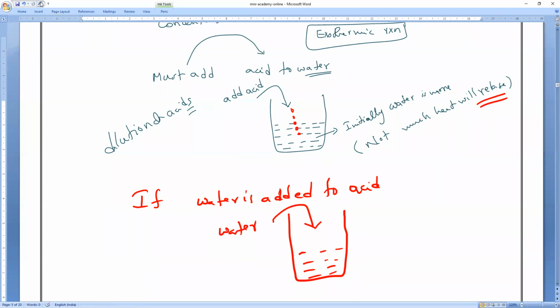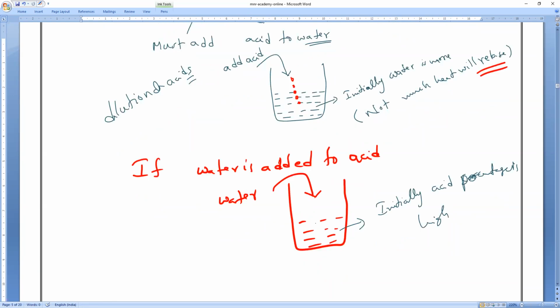If I add water to acid, initially whose concentration is more? Acid percentage is more. So if you add the water, suddenly it releases extremely high temperature, like it will explode like a bomb. Understanding? A very highly exothermic reaction.